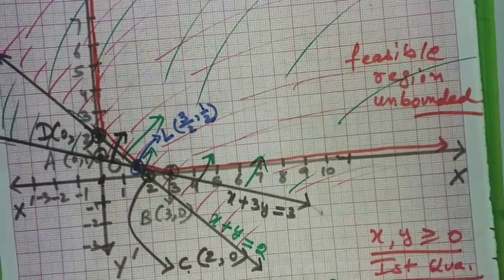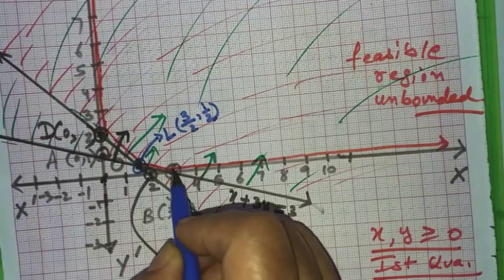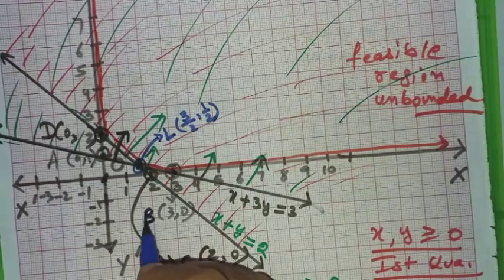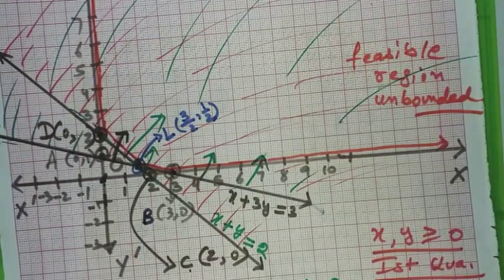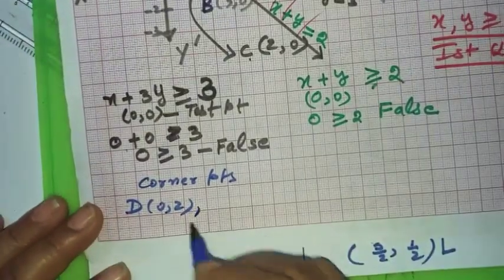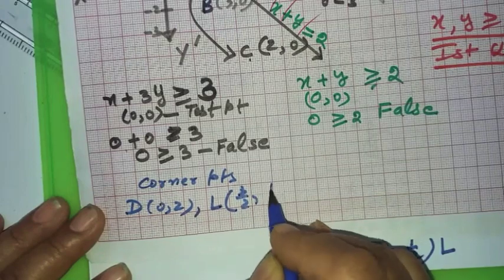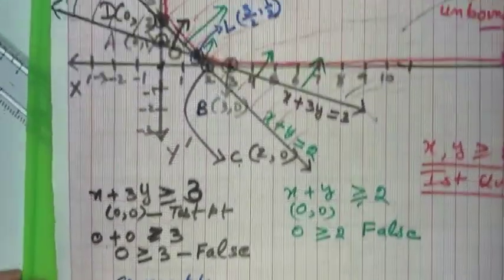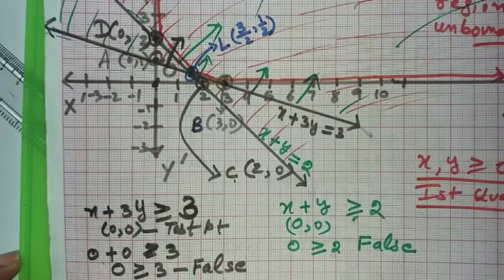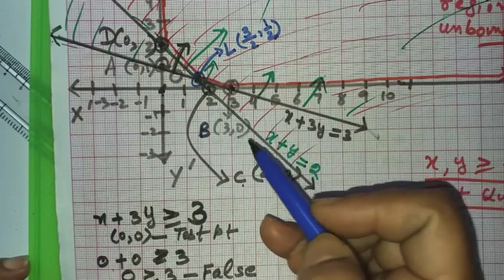Now let me recognize the other corner point, and this is this point. This is already, we have written B. The other corner point is B. So far I wrote one corner point to be D, other corner point to be L, 3 by 2, 1 by 2, and one more corner point to be B, whose coordinates are... so this was B or C?